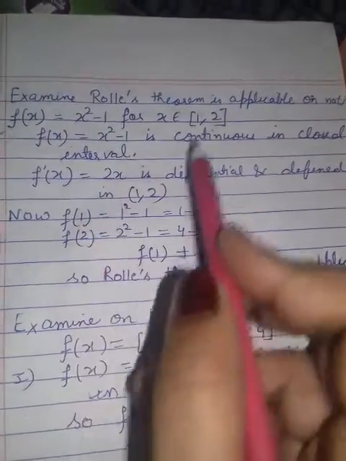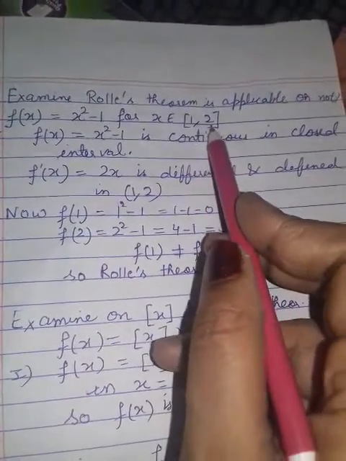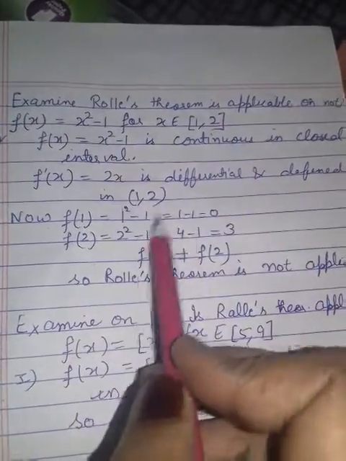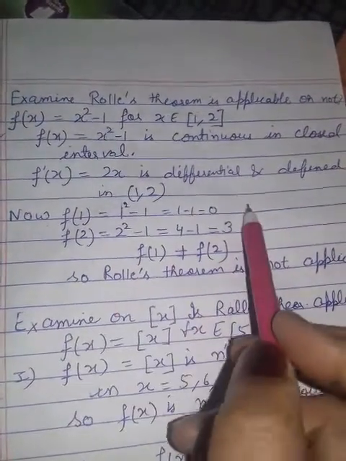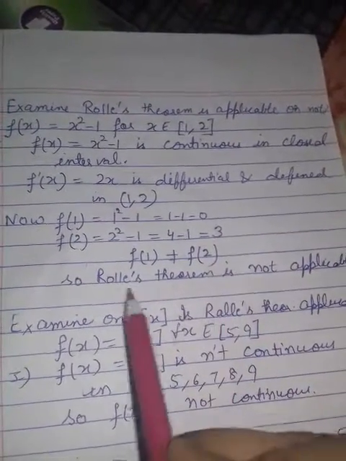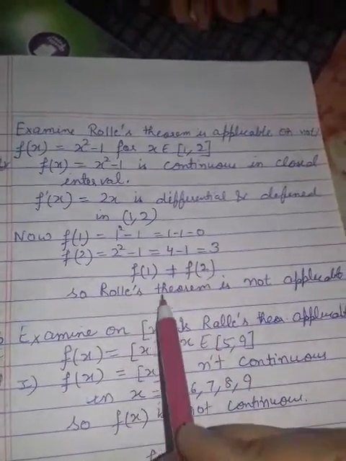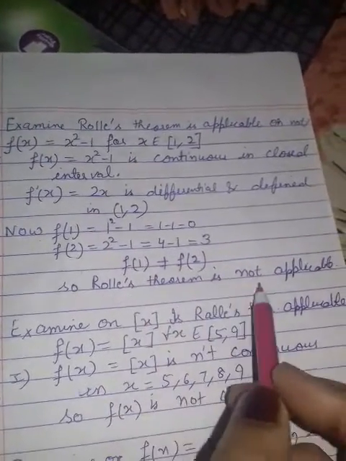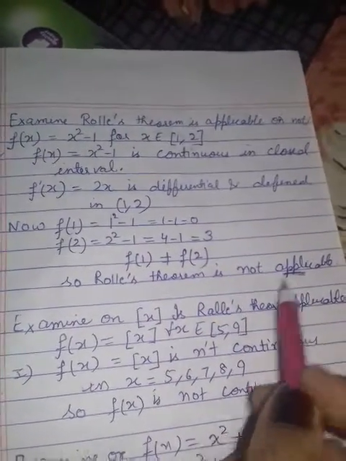F of a is your 1, b is your 2. You will put it here, then you get f of 1 as 0, but f of 2 you get 3. Both are not equal. So the third condition has failed, no need to proceed. So Rolle's theorem is not applicable.